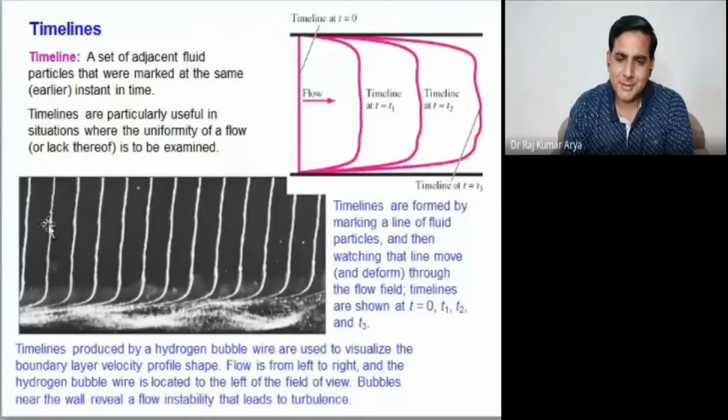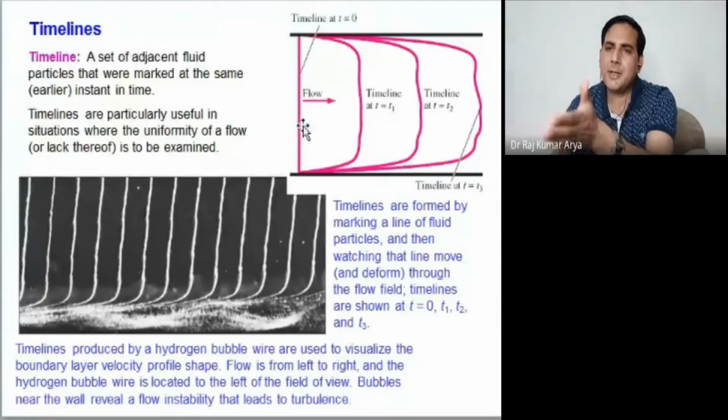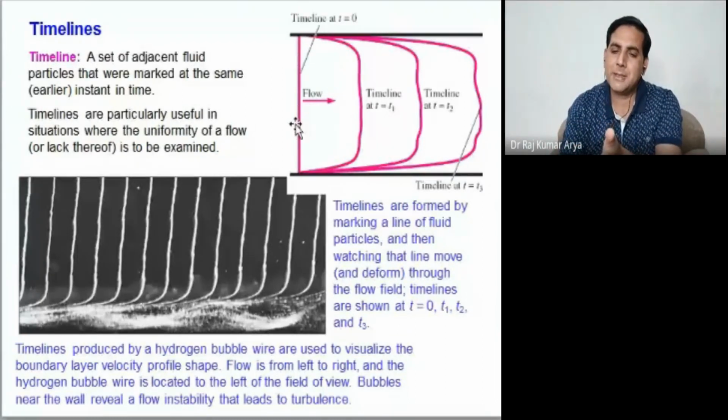This we have already shown in chapter 1, timelines. You are focusing on a particular plane. Now you are focusing on all particles born from here at different times. Let's say you have 10 particles here. After time equal to, let's say, t1, you are joining where all 10 particles are.